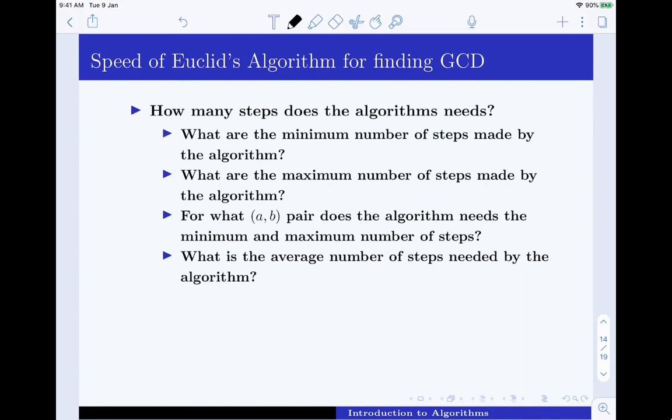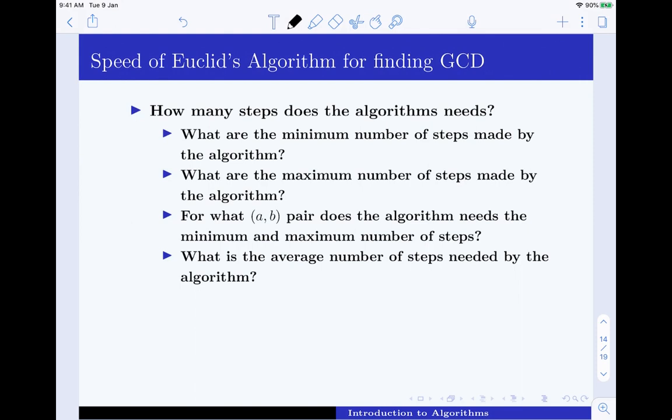Now, what do I mean by how many steps an algorithm needs? Is it the minimum number of steps in the best case? Given A and B, I can say that the algorithm will always take at least one step.